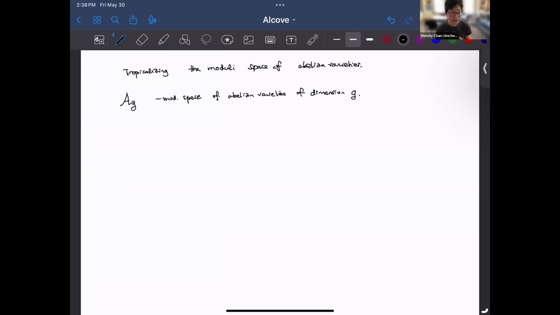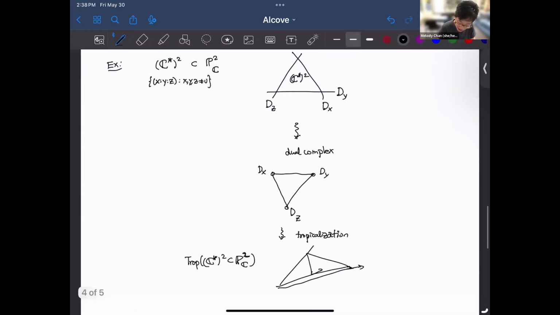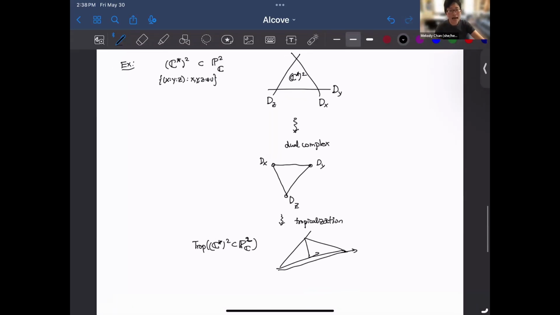There's a lot to say about this. It's not a priori at all clear. It's very interesting that this space has the structure of a complex variety. And what I'd like to do is to tell you, unfortunately without too much time for motivation, what happens for A_g, in analogy to the simple example that we started with.